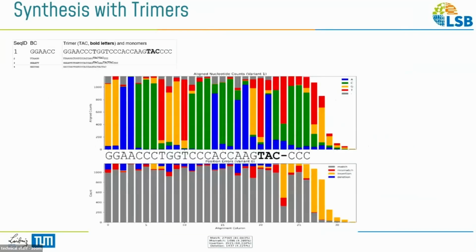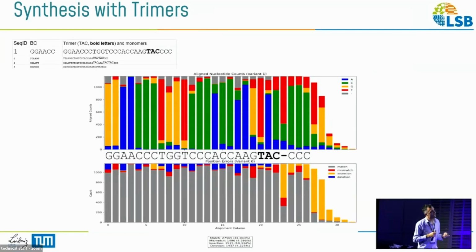Okay. This is the first sequence that I showed you. I hope the laser works. Yes. This TAC that you see here in bold is the trimer that I added in the synthesis. And as you see, the trimer is well attached to the sequences in the mix.